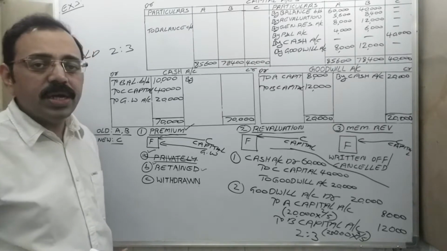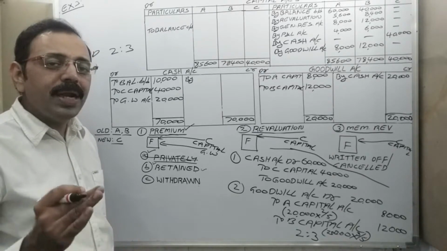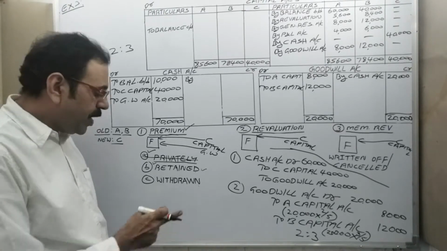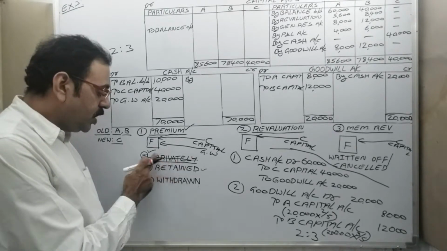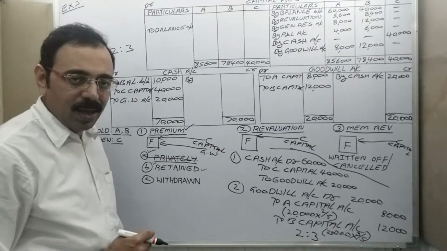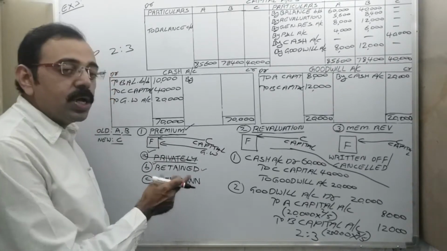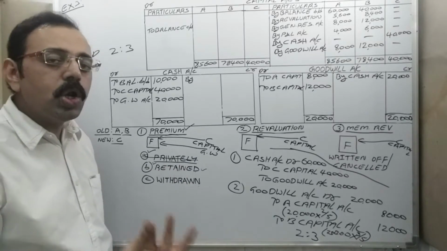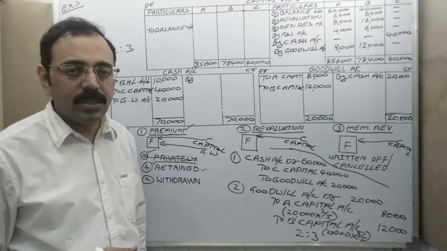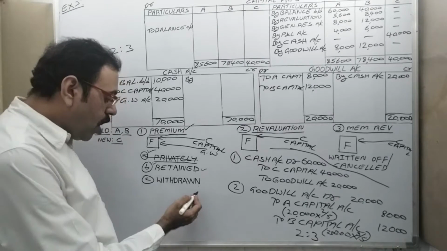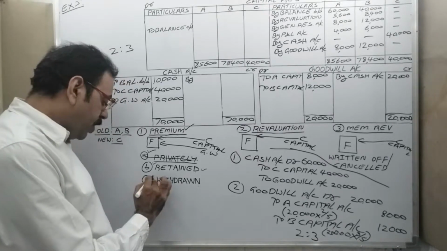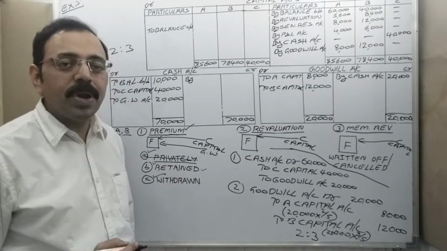He is not giving that goodwill should be paid privately. Since the word privately is not given, this is not premium A. And clearly he is giving that goodwill is to be withdrawn by the old partners. Since the word withdrawn is given, premium C we should apply here.